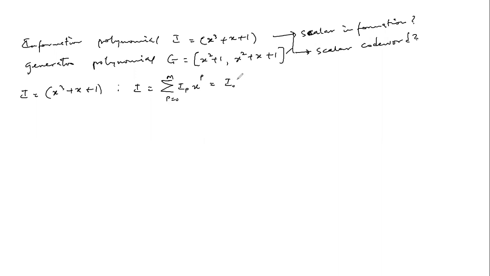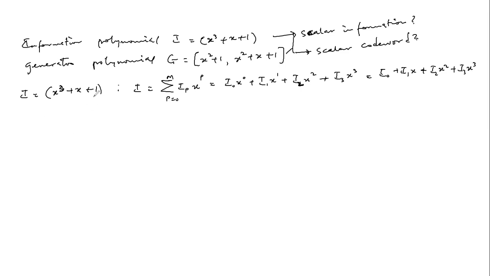So this will be I naught, x naught plus I1, x1 plus I2, x squared plus I3, x cubed.